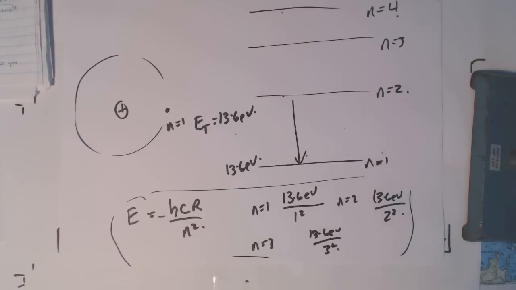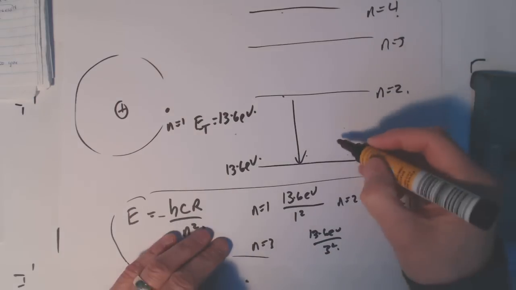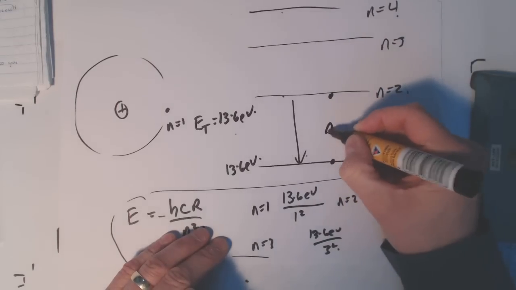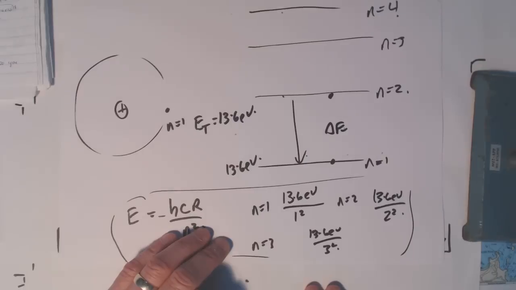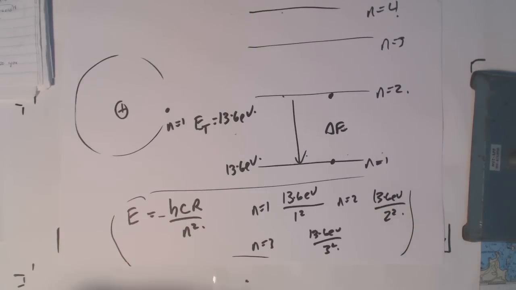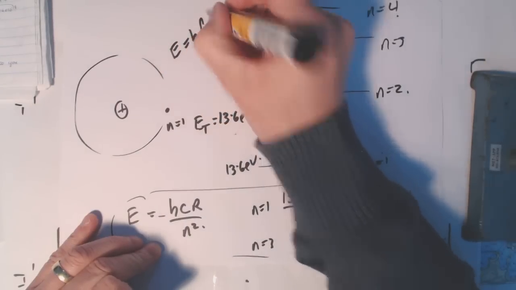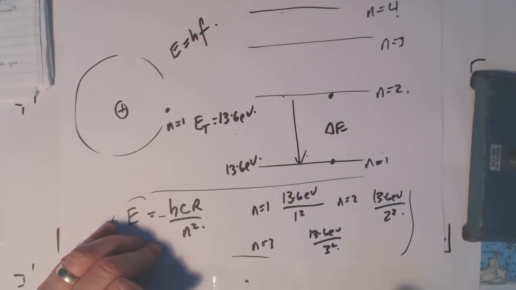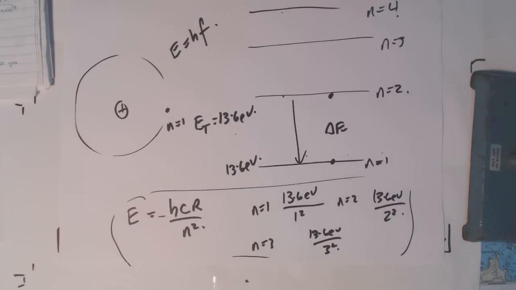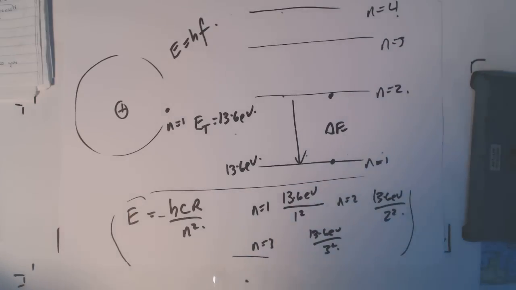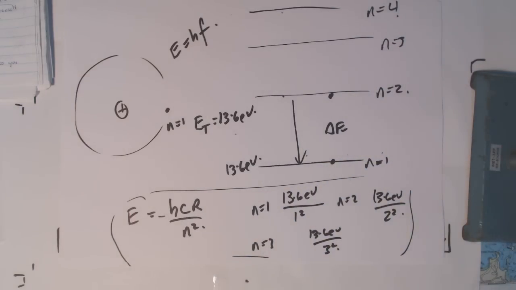Remember, and if you don't know that, you should look at the video. But if we get the energy difference, delta E, between those 2 points, and we get that in joules, then we can use this formula to calculate the frequency and thus the wavelength. And it's going to come out the same as that Rydberg formula that you have been using.